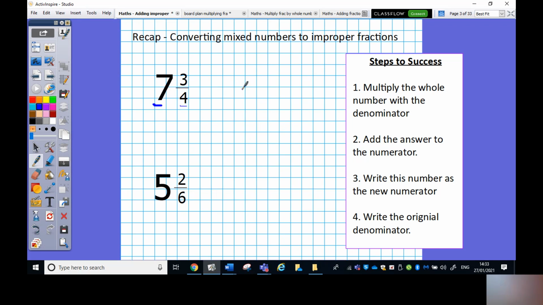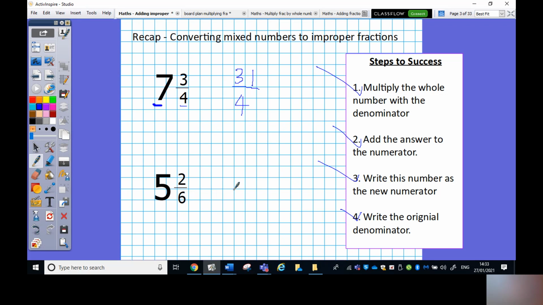So 7, 14, 21, 28. Great. Now we add that number to the numerator, 28 plus 3, 28, 29, 30, 31. We're going to write this as the numerator, so 31, and then our denominator, write the original denominator, which is 4. Nice and easy. Great.